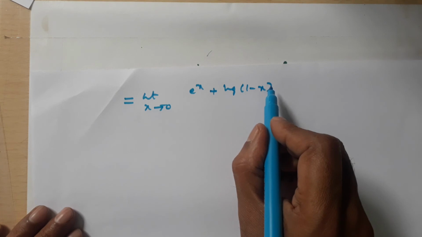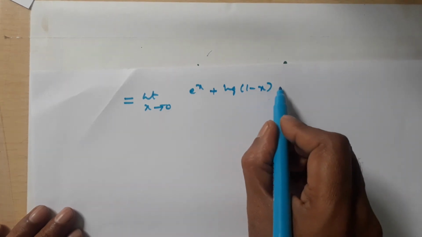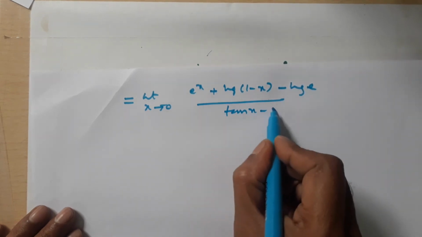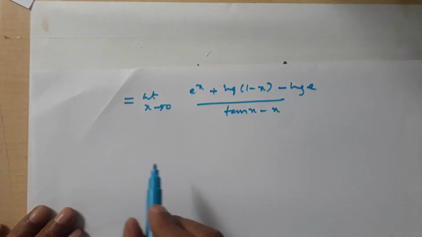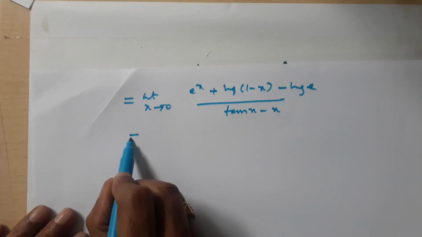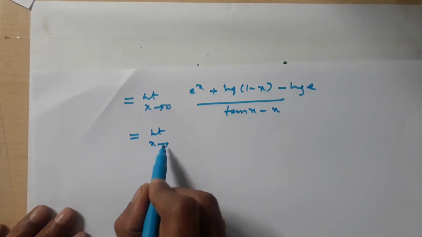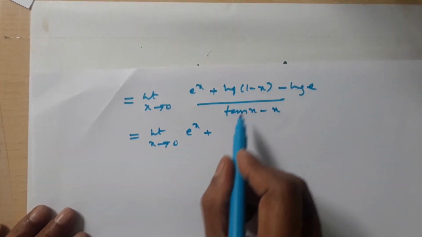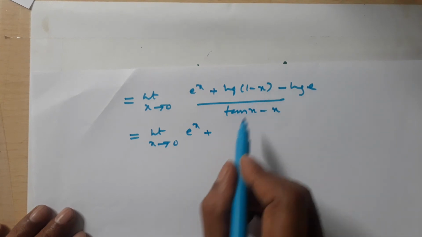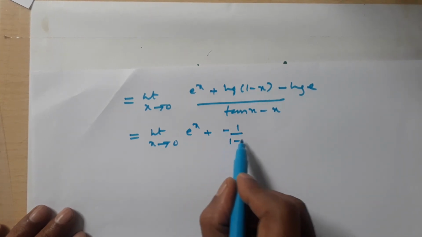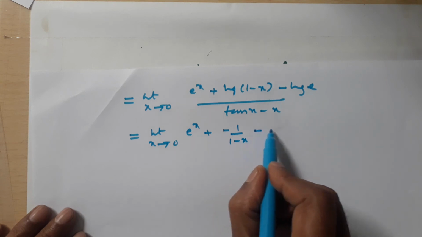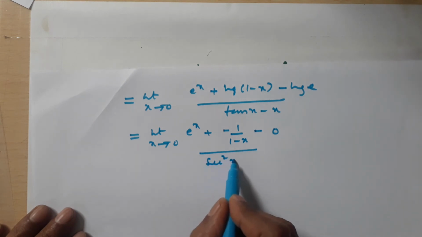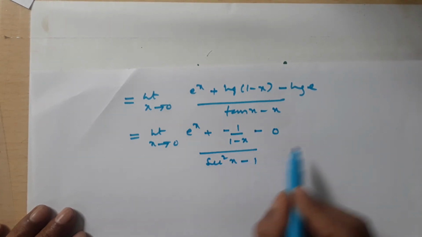Log a by b is log a minus log b, so log of 1 minus x minus log e, divided by tan x minus x, is equal to limit x tends to 0 of e power x, plus, for log, 1 by 1 minus x, differentiation of 1 minus x is minus 1, so minus 1 by 1 minus x, divided by secant square x minus 1, since the differentiation of tan x is secant square x.